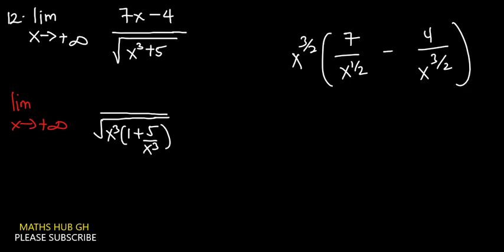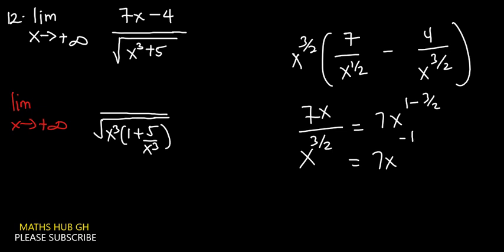Let me explain how I did this. We have 7x, so you divide the 7x by x to the power 3 on 2. This gives us 7x to the power 1 minus 3 on 2, which is equal to 7x to the power minus 1 on 2, and this is the same as 7 over x to the power 1 on 2.